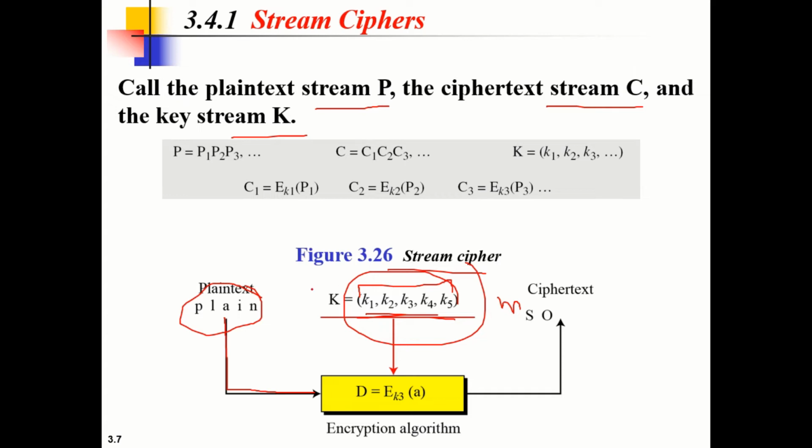But what size of the plain text you are dealing with at one time decides whether that cipher is a stream cipher or a block cipher. We deal with a single character of the plain text in additive cipher, in monoalphabetic substitution, and in Vigenere cipher.